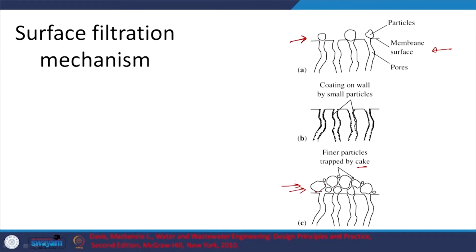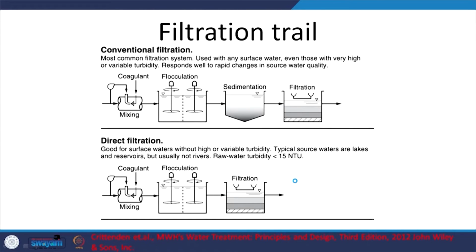So, surface filtration mechanism. Now, with respect to how the unit process of filtration fits into the bigger scheme of a water treatment plant, we will see what the ways are. So, here is the usual way.